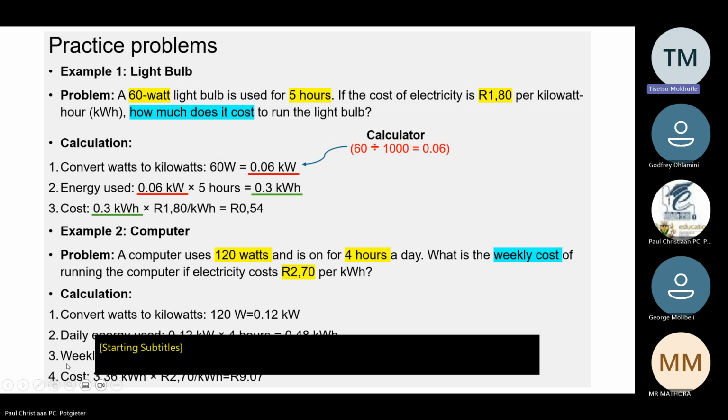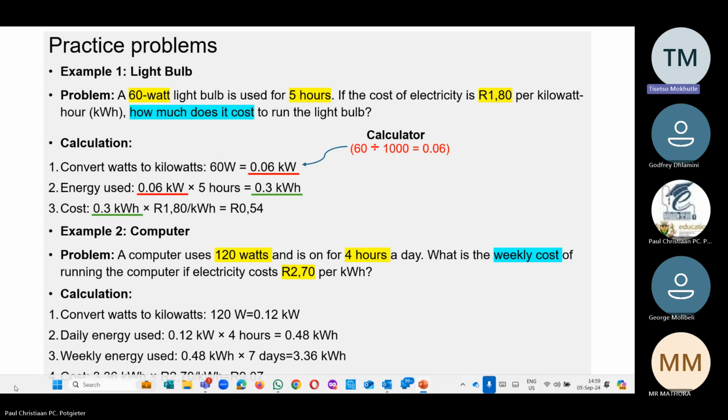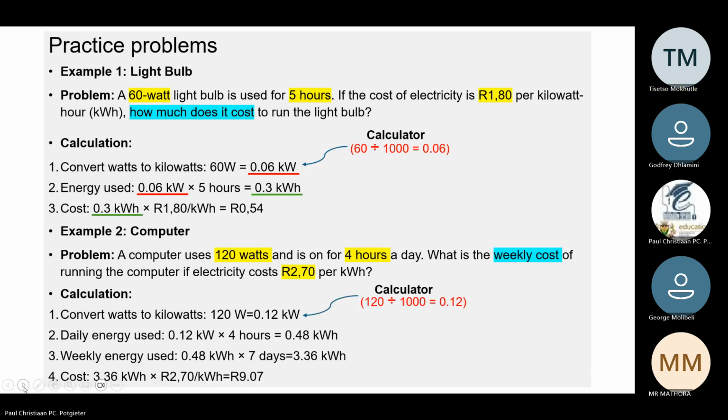So we start doing the conversion first. You do 120 to get it to kilowatts. What you do, you say 120 divided by 1,000 is 0.12. And then the answer that you get here, you see I underline it here, you are going to transfer it here to the energy equation.